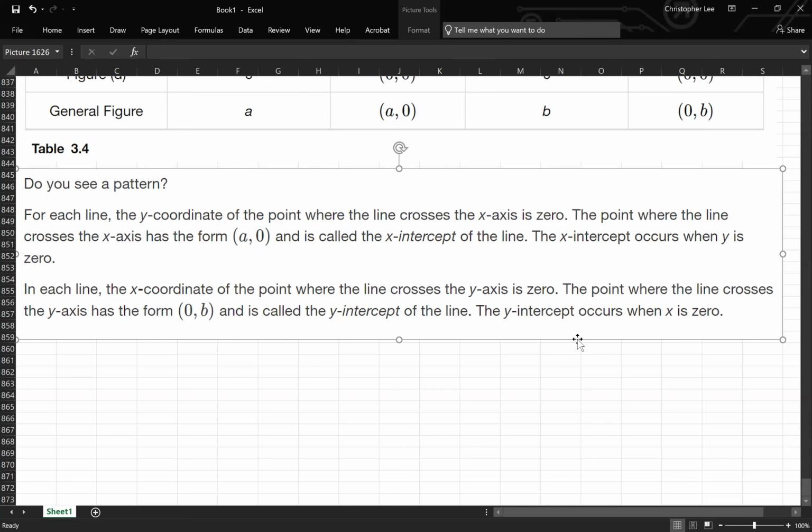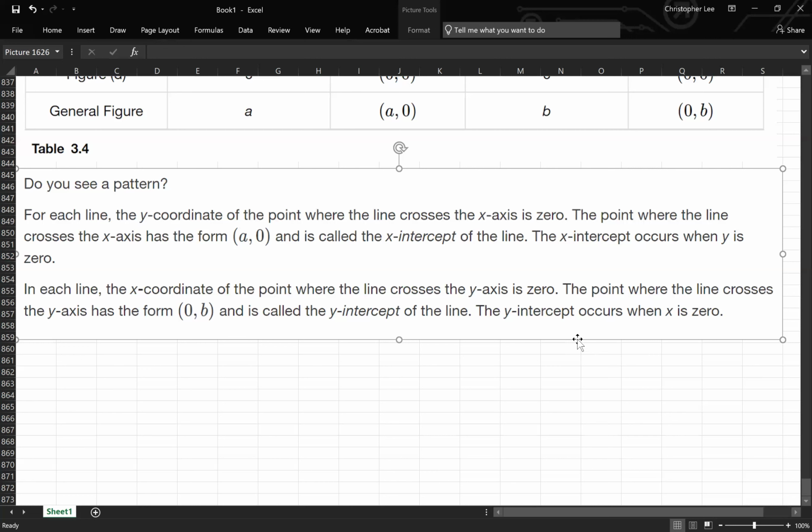The point where the line crosses the y-axis has the form (0, b) and is called the y-intercept of a line, right? So the y-intercept occurs when x is equal to 0. Questions on that? Make sense? I got you.